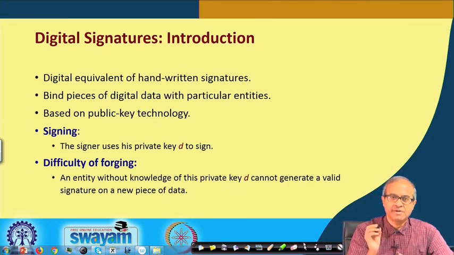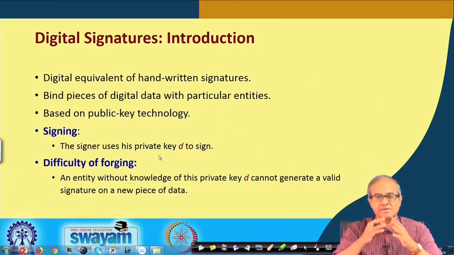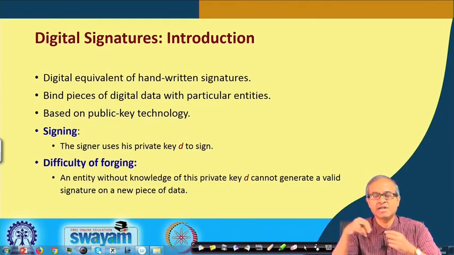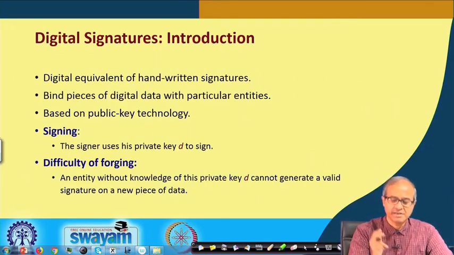Now, digital signature technology is based on public key technology because of the nice property of public key algorithms like RSA we have seen. So, if I sign with my private key, then anyone in the world can decode it using my public key. That is the good thing.